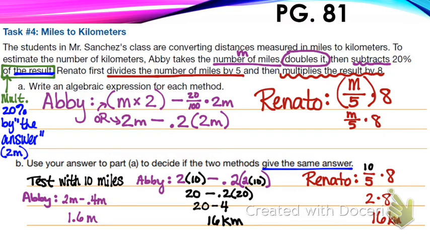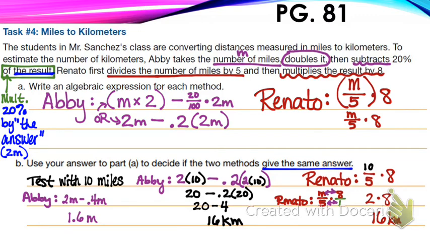With Renato, I'm dividing by 5, but I'm multiplying by 8. Does anybody remember how to multiply fractions together? I have m over 5 times, I can take any whole number and turn it into a fraction, right? By putting it over 1. And then when we multiply fractions, we multiply numerator and numerator together, denominator and denominator together.